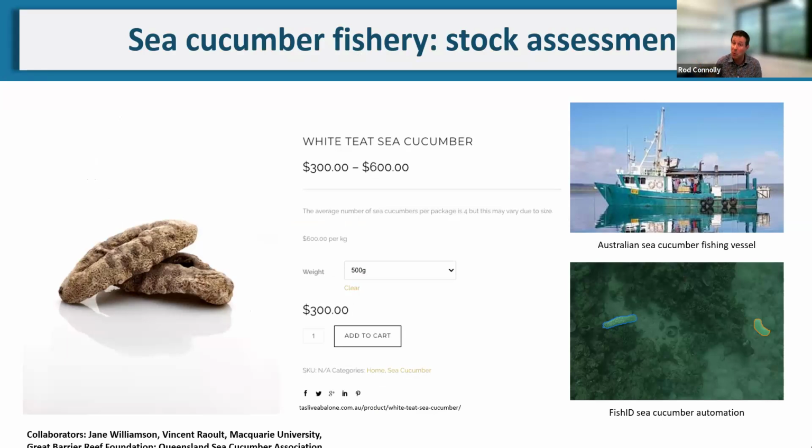For example, here for white teeth sea cucumber, you can set yourself back $300 to buy 500 grams worth, half a kilogram. And this is a collaboration seen in the bottom left with Macquarie University, the Great Barrier Reef Foundation, and the industry itself. And we're going to be using FishID to get us where we want to go in terms of doing this efficiently.